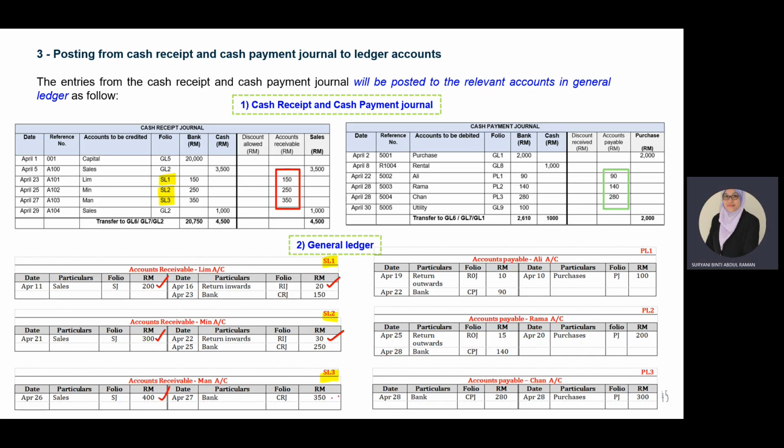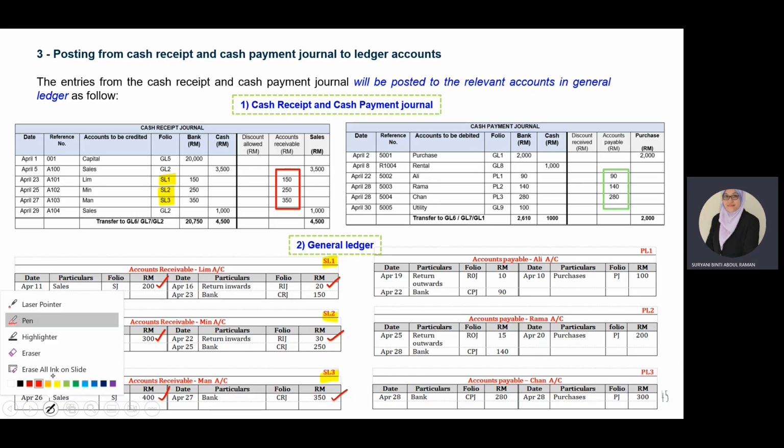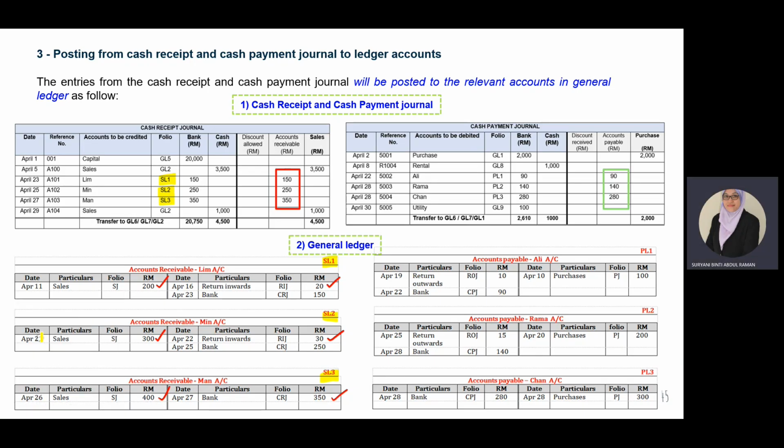So now we just update the transactions that involve cash flow. Okay, 150. So we will credit 150 here. April 23rd, bank, 150. Okay, next, 250. So April 25th, bank, 250. And 350. April 27th, bank, 350.